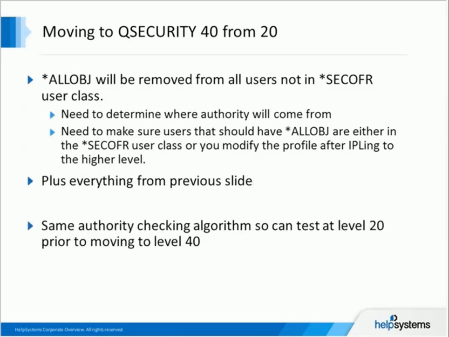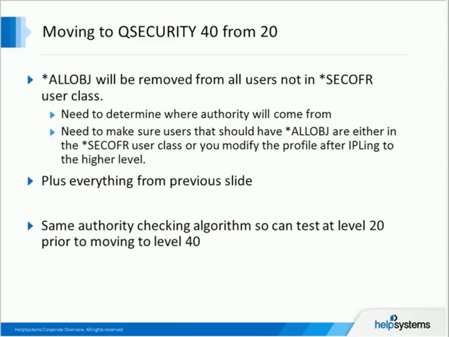Now, if you're moving from level 20, it's a bigger task. And that's because you have to look for what might happen between 30 and 40, the previous slide. But remember I said that at level 20, all of your users are by default being created with all object special authority.